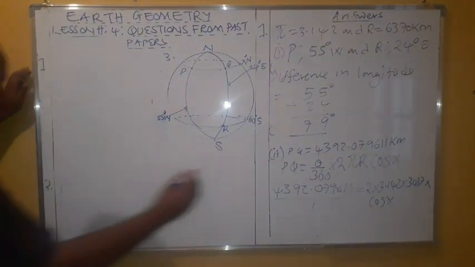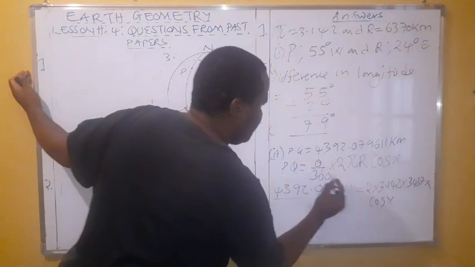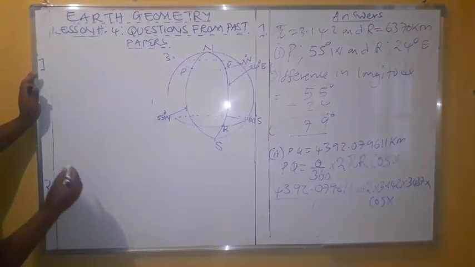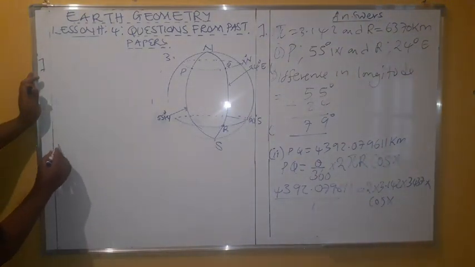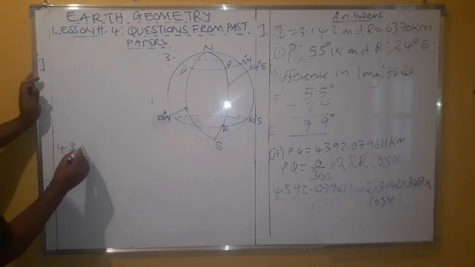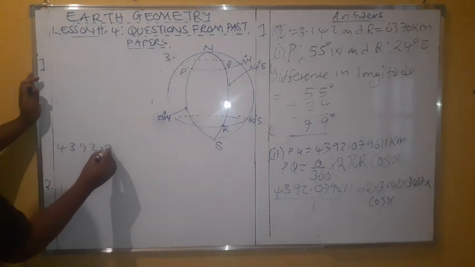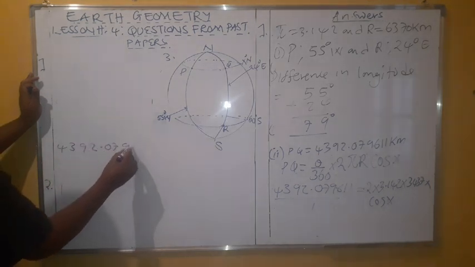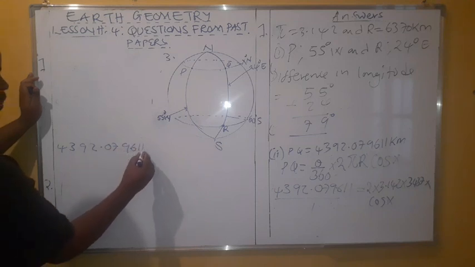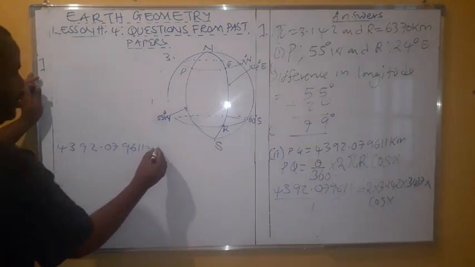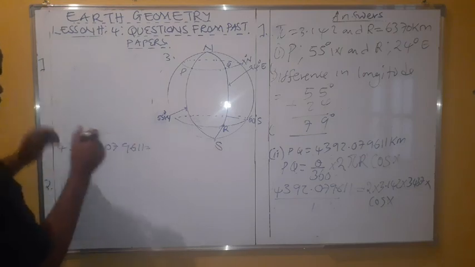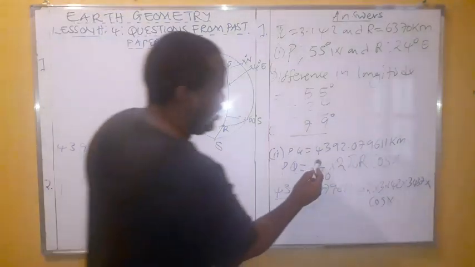Okay, so let's rewrite this one. There's this part that is missing here. So we are saying 4,392.079611 is equal to, there's this part that we didn't tackle here.